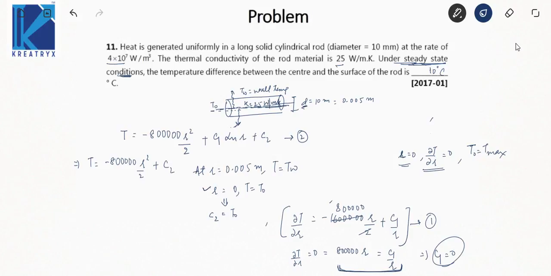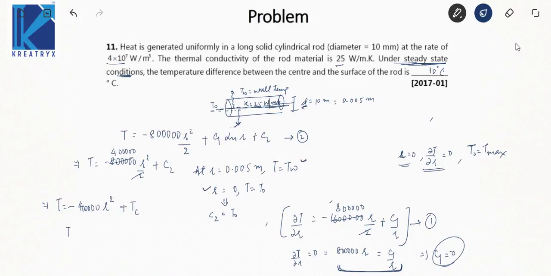Okay, now I'll be applying this other boundary condition. That implies T is equal to minus, okay, so we can directly write this minus 4 lakh R square plus TC.